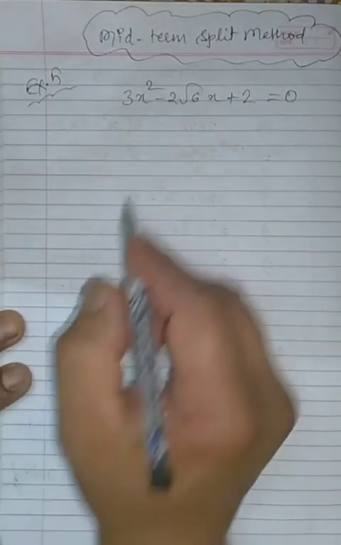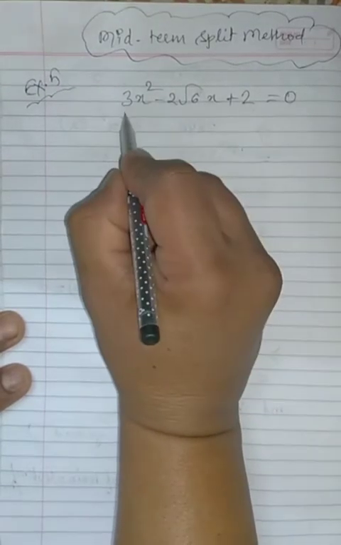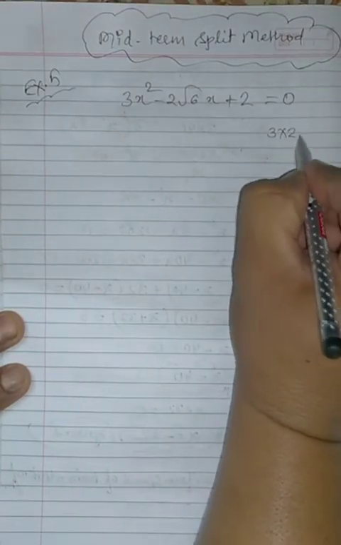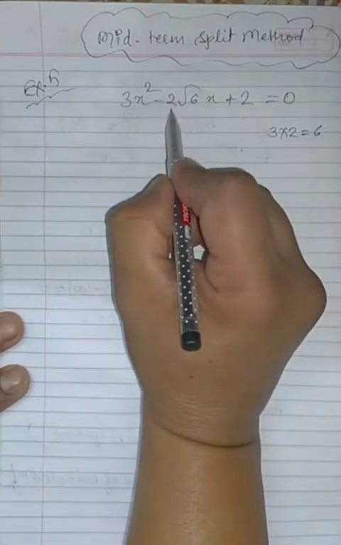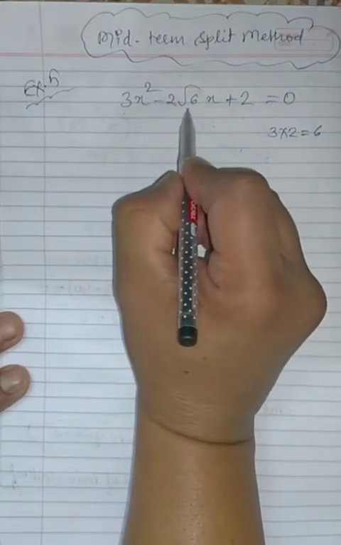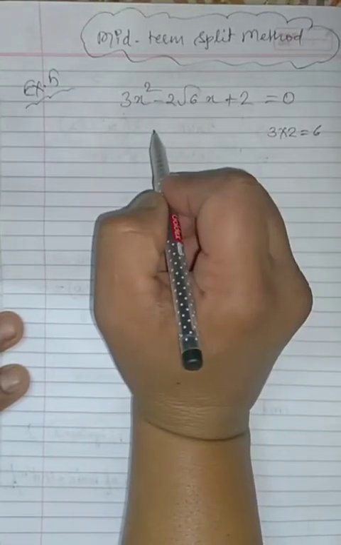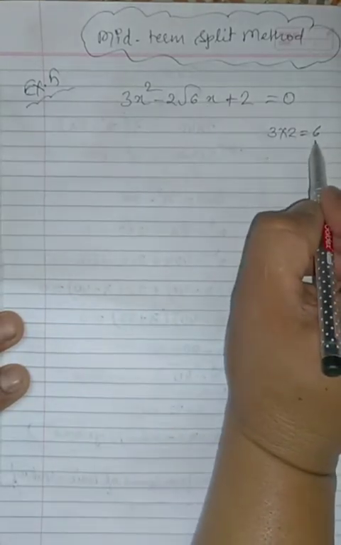The first rule we have is, as usual, we multiply the first number by the last number. So 3 into 2 is equal to 6. Now the splitting of the middle term is to be done for the number which is the product of these two, as you know. So 2√6 you have to break for 6.